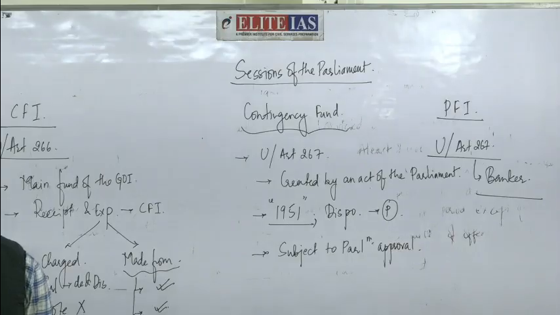It was challenged in the Supreme Court, and because Article 110 of the Constitution says the decision of the Speaker is final and binding, the Supreme Court did not interfere with this. Though the Supreme Court entertained the petition, it did not deal with this. It allowed it to be passed as a money bill itself.